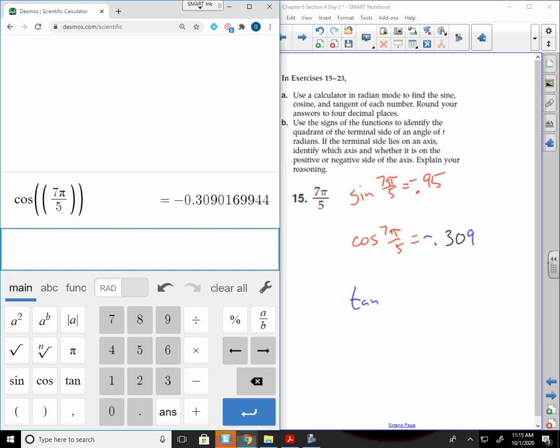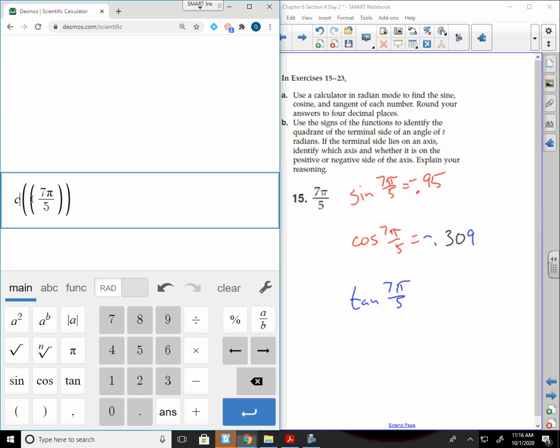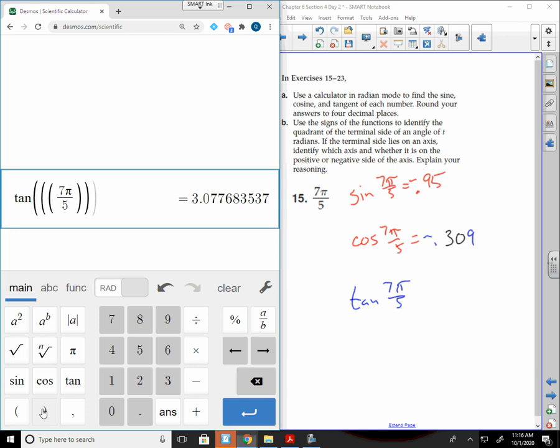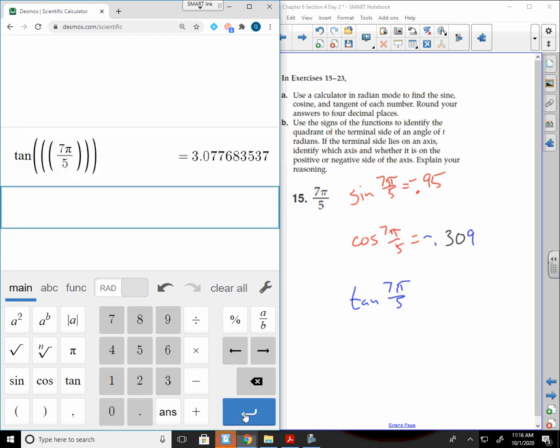Then I can find the tangent of 7 pi over 5. Really racking up some parentheses here. And that gives me 3.07.